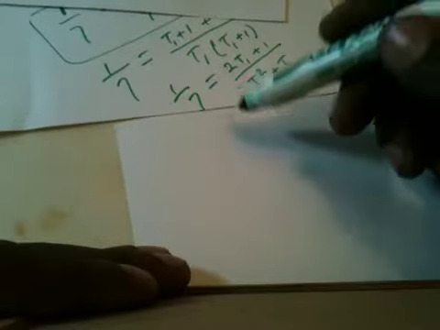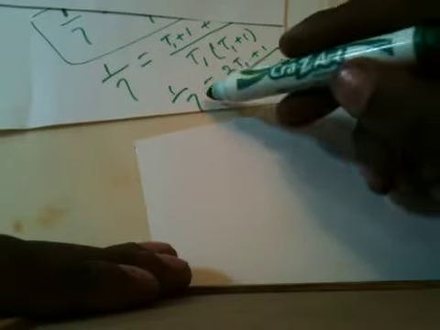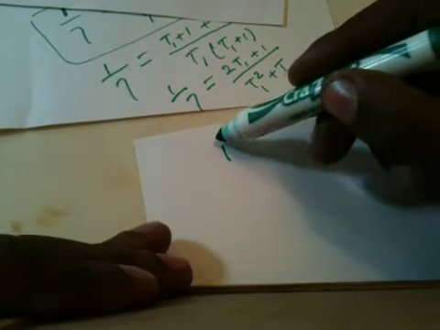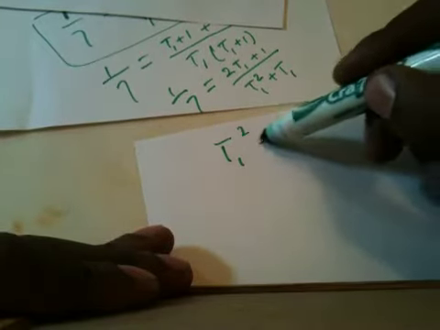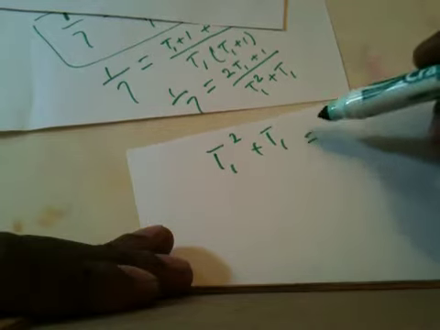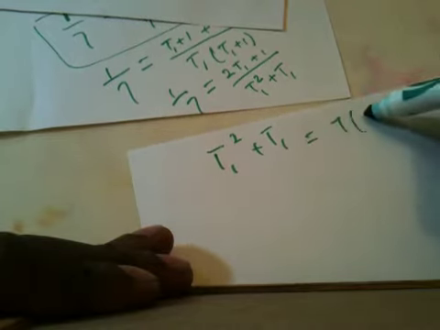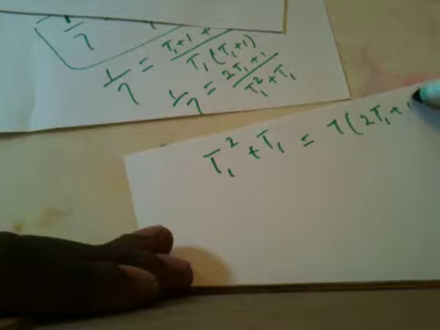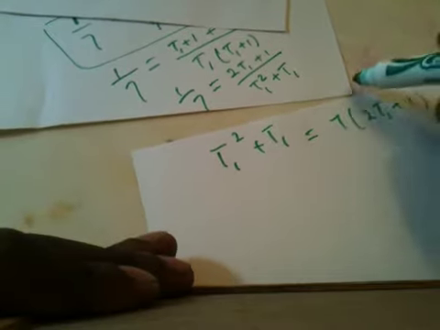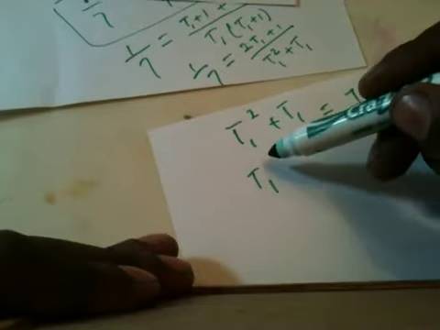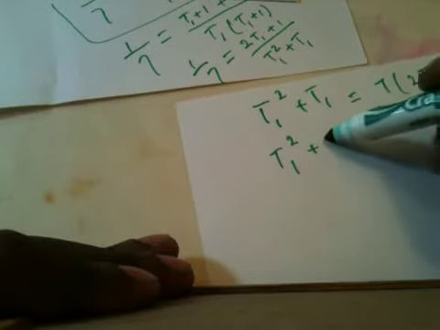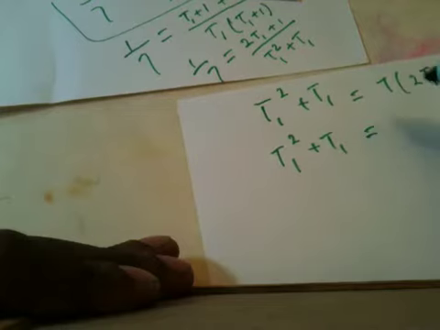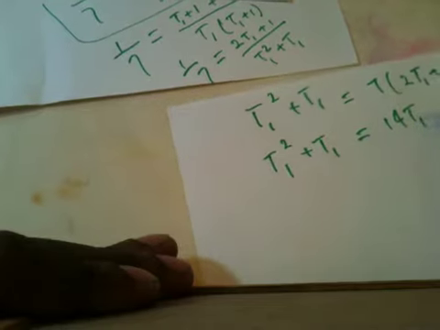Now I can do cross multiplication. I have T1 square plus T1 is equal to 7 times (2T1 plus 1), close the parenthesis. So I have T1 square plus T1 is equal to 14 T1 plus 7.